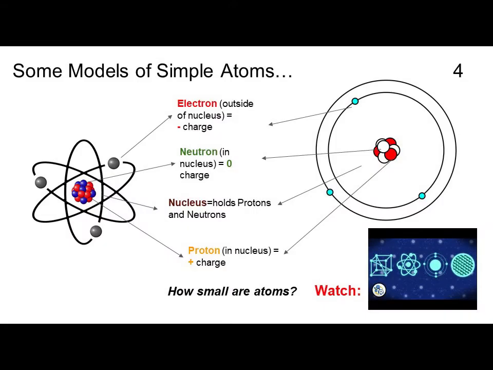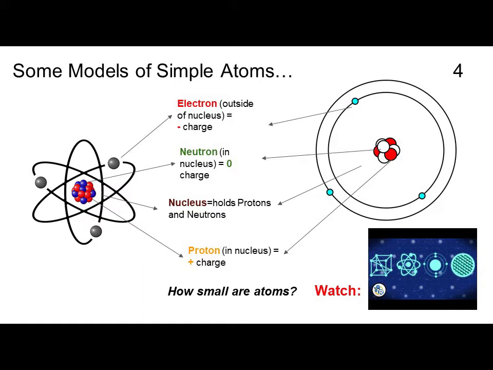These are permanent charges that stay on these particles. Well, some models of simple atoms, as you can see here, we have the electron, and around the outside of the nucleus, and that nucleus is that red and blue center that the atom has, and the electrons are circling it like planets going around the sun. We have a neutron, which is in the middle there, part of that nucleus. It's like a Tootsie Roll part that has that chocolatey center.